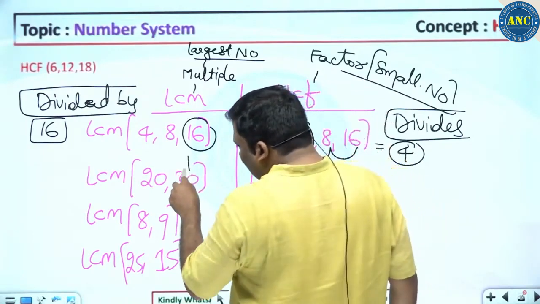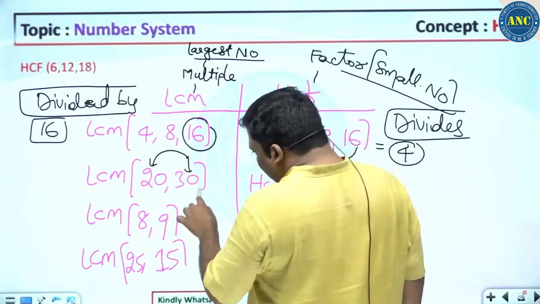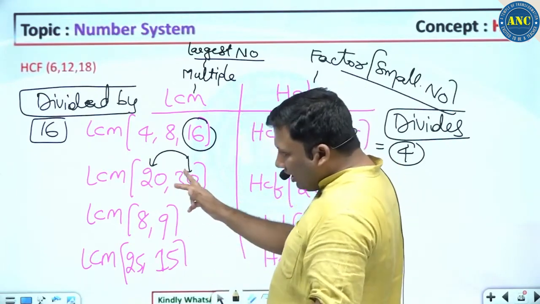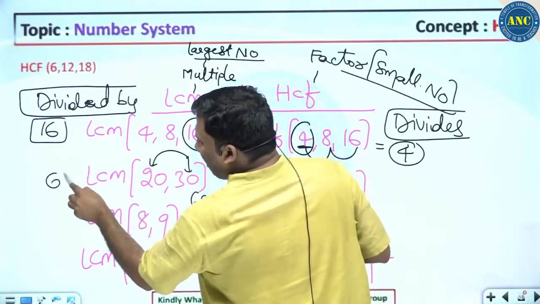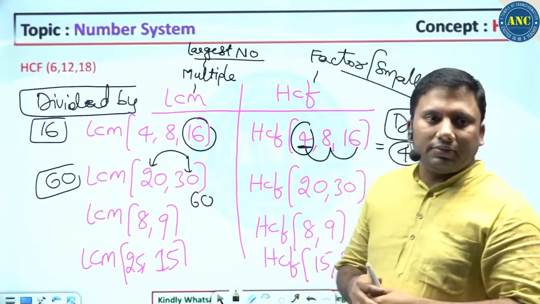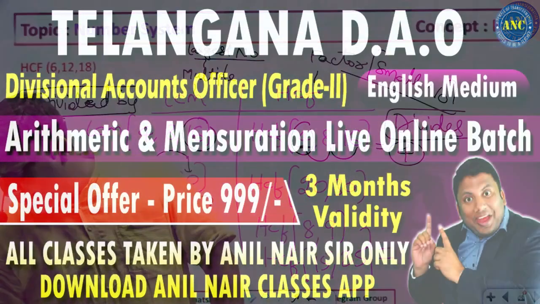If the largest number is not divisible by the other number, take the multiple of that number, 60. 60 is divisible by 20. Write down 60.